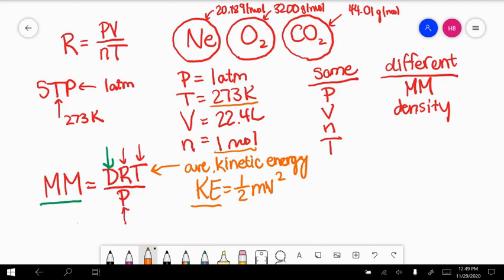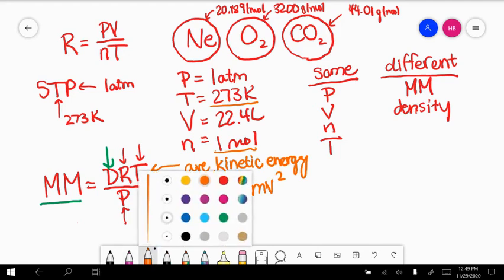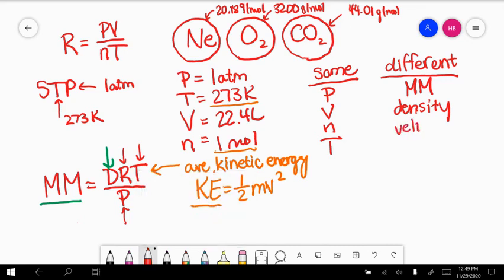So kinetic energy equals 1/2 mv squared. This is lowercase v, not to be confused with uppercase V, which is volume. So another thing that is different in this example, because the mass is different, is the velocity. Let's look at this equation. In order for the kinetic energy to be constant, the mass and velocity squared are multiplied by each other.